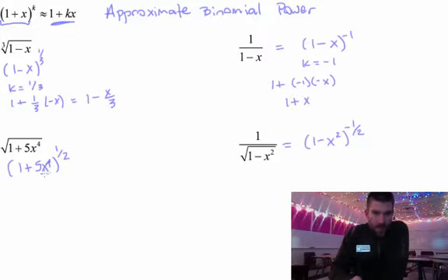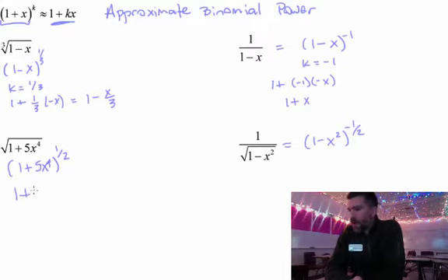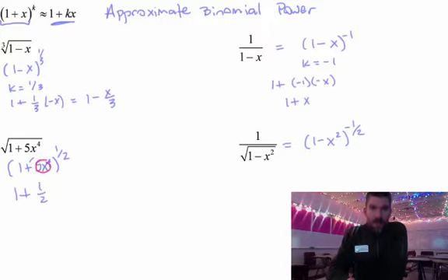All right, what about this guy down here? So this is going to be 1 plus, and then on this guy, you'll notice it's going to be the 1/2 times whatever's in the x spot. So this whole 5x to the 4th, that whole thing is in the x spot.